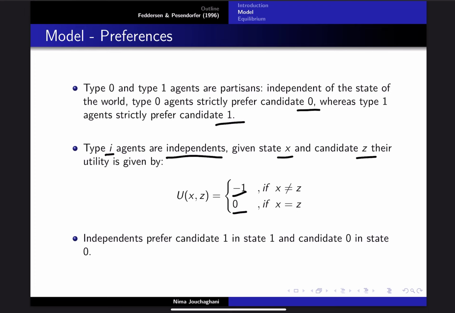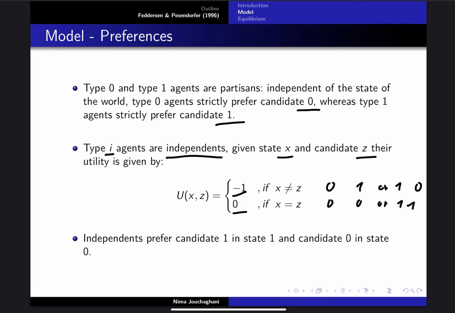So if the state is 0 and candidate 1 wins, then they have utility -1, or if the state is 1 and candidate 0 wins, then it's -1. If the state and the candidate are aligned, then the utility is 0. So they prefer candidate 1 in state 1 and candidate 0 in state 0.